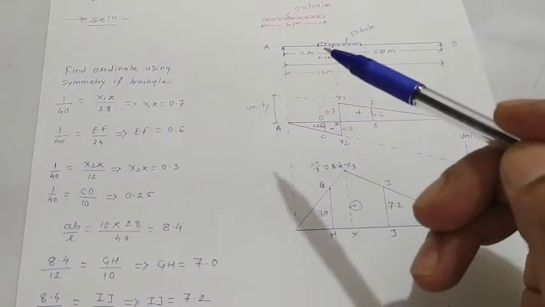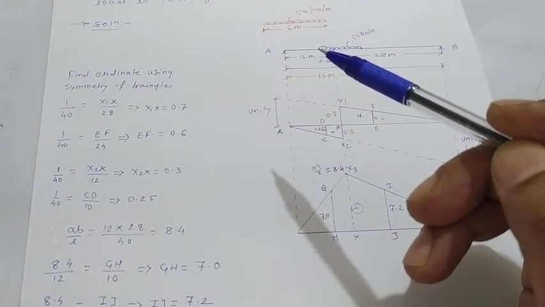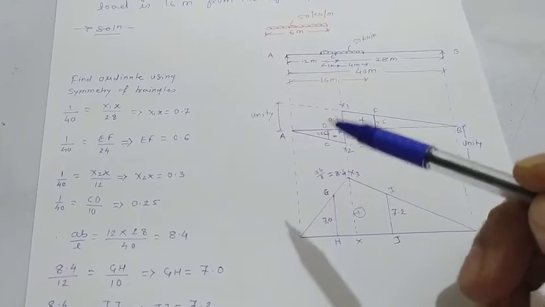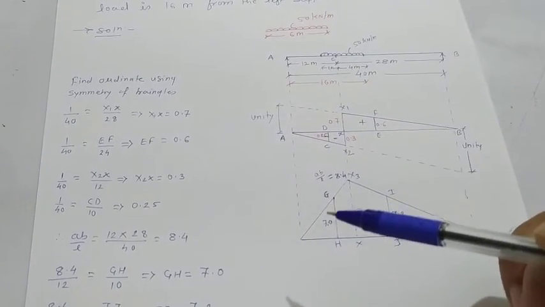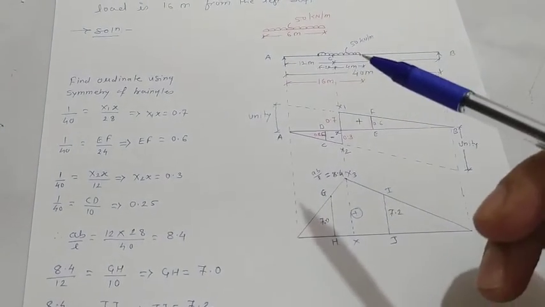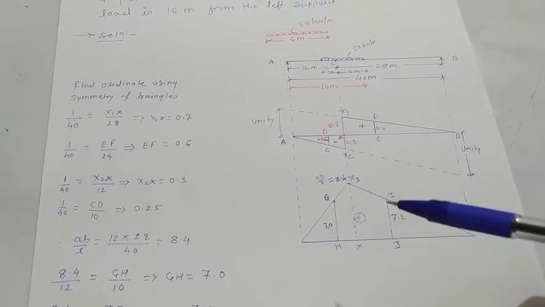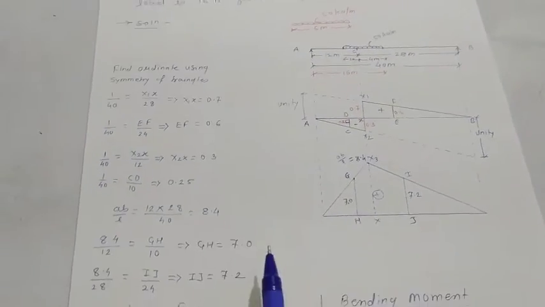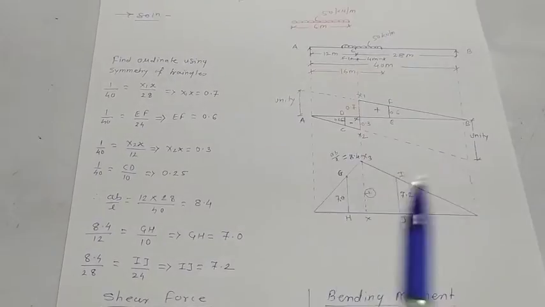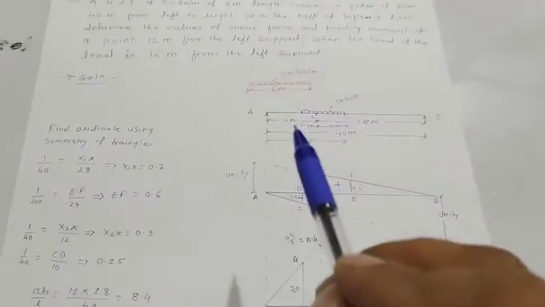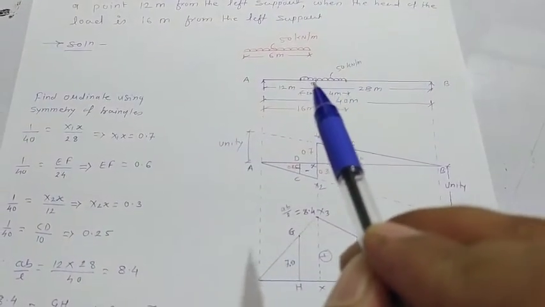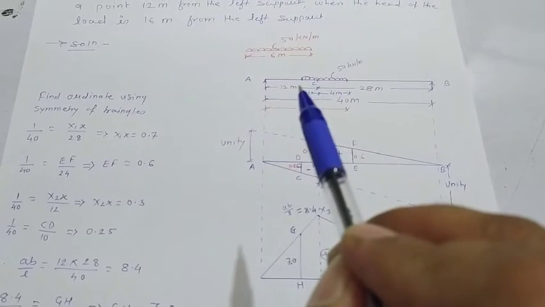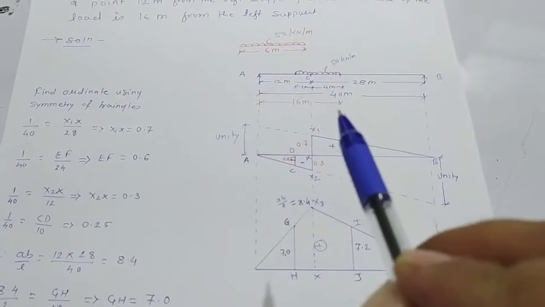So this is the UDL point. Just find out the ordinate under this point, this ordinate and this ordinate. We calculated all the ordinates, and we have placed the UDL from this point to this point, means at 16 meter.